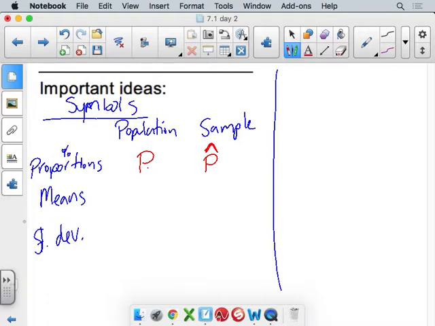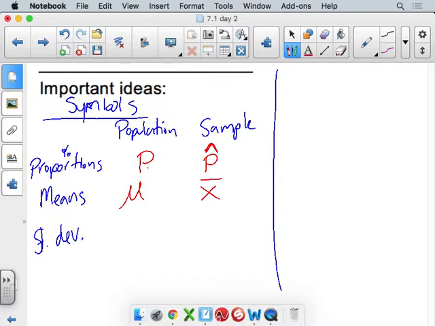Okay, the means or averages, like the average height of Brian High: the population mean is that symbol we've used throughout, called mu, and then the sample mean is x with a bar over it, called x bar. So it's your sample mean.